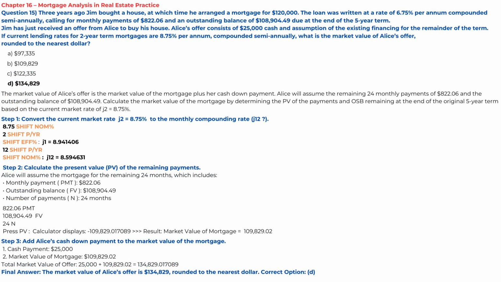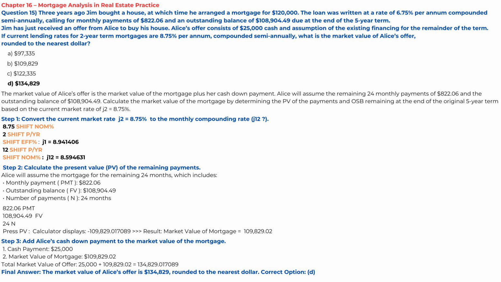Question 15. 3 years ago, Jim bought a house, at which time he arranged a mortgage for $120,000. The loan was written at a rate of 6.75% per annum, compounded semi-annually, calling for monthly payments of $822.06 and an outstanding balance of $108,904.49 due at the end of the 5-year term.